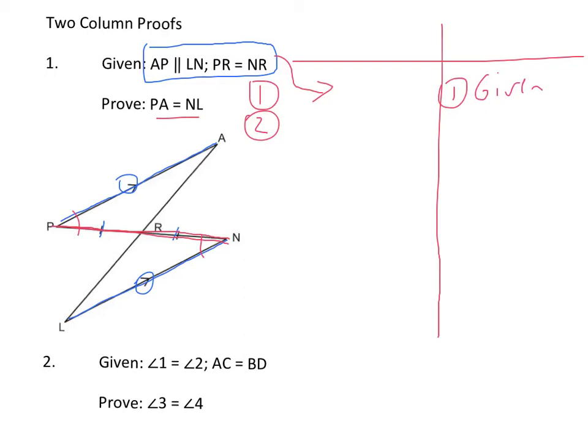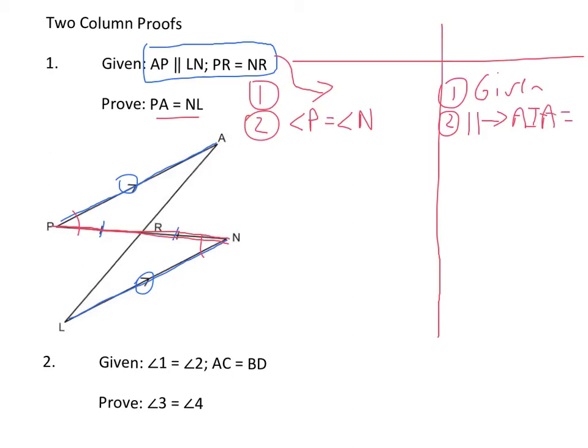So I could say, because my lines are parallel, that angle P is equal to angle N. And we're starting with parallel lines, so we would say parallel lines imply that alternate interior angles are equal. So AIA, alternate interior angles, are equal.